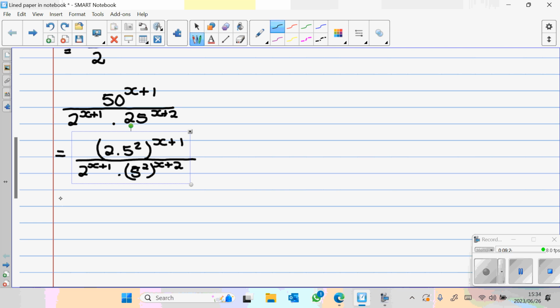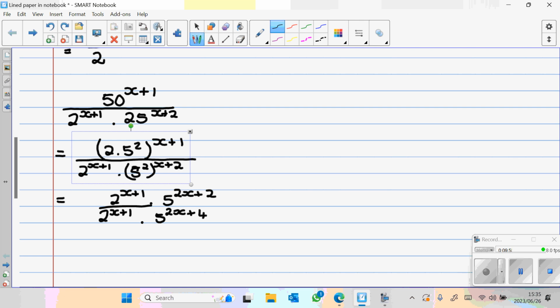Now I multiply and I bring it to both. So it becomes 2 to the power x plus 1 times 5 to the power of 2x plus 2 divided by 2 to the power x plus 1 times 5 to the power of 2x plus 4.